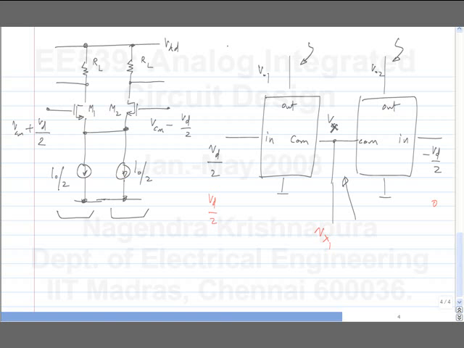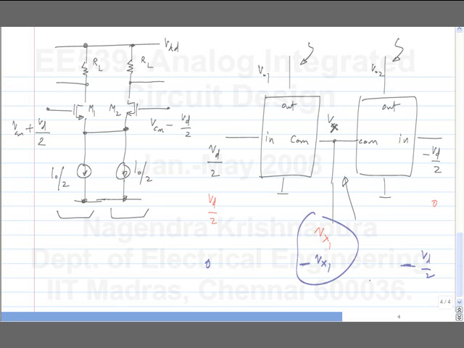Now I can apply 0 and Vd by 2 to the other side. What will I get at this point? Vx1. Because the circuits are identical, I still get Vx1. Now if I apply minus Vd by 2, I'll get minus Vx1. So the sum of the two is 0.